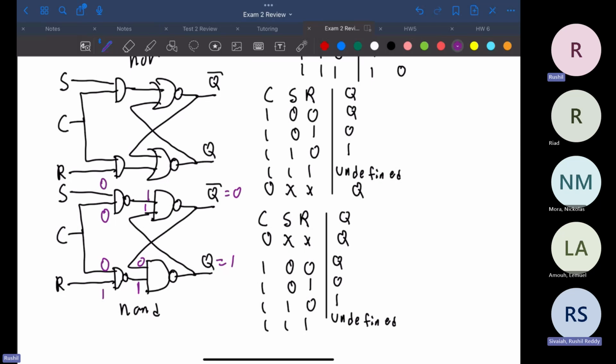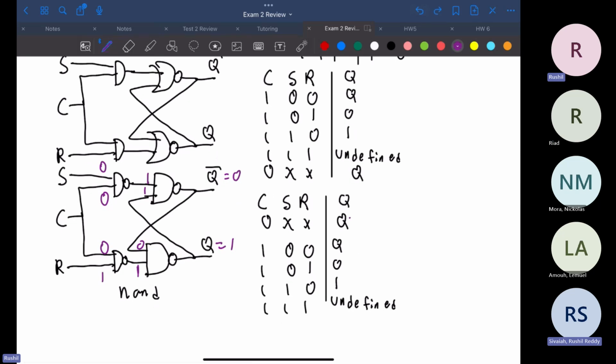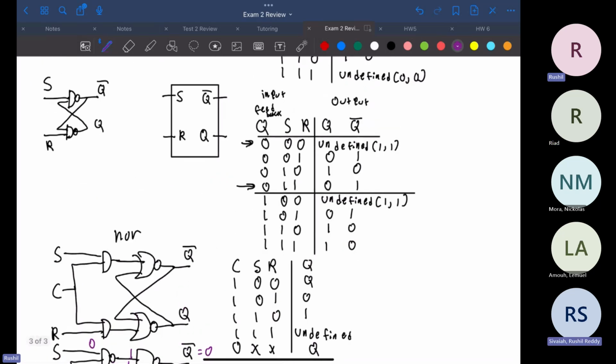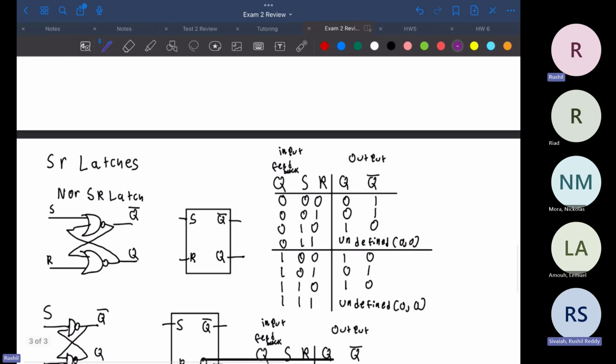I just said that when the control is 0 and it changes to 1, the output is still Q. Oh, you mean from right here? From right here, the control changing to 1 doesn't really change much in the output. Well, if we look up here, we know that right here and right here, all it did is hold its value, right?